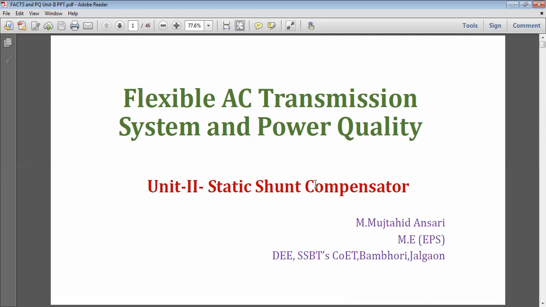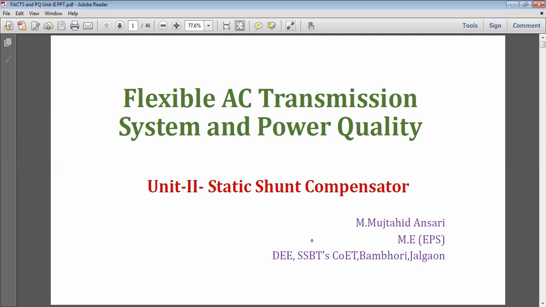So the purpose of reactive compensation is to change the natural characteristic of the transmission line, or we can say to modify the electrical characteristic of the existing transmission line to make it more compatible with the load demand.